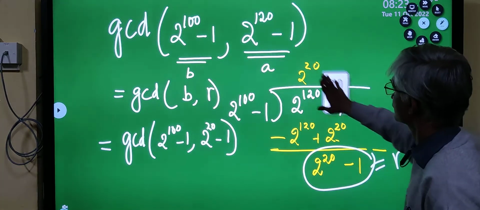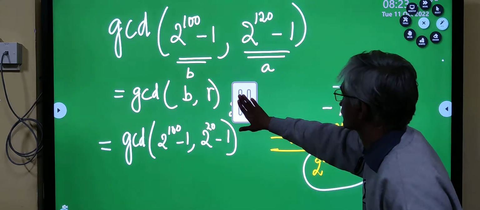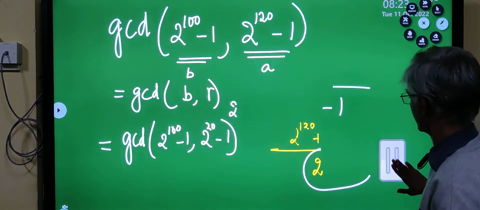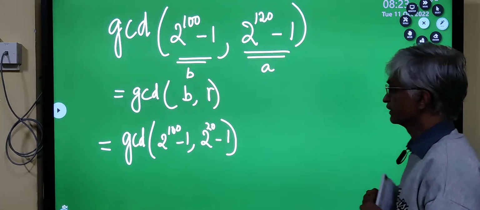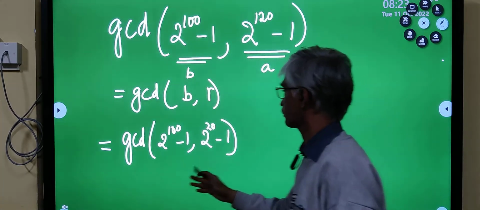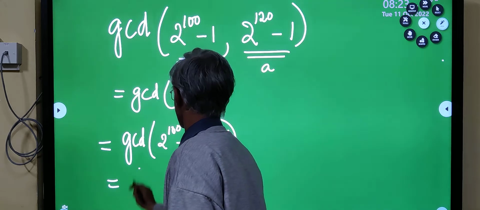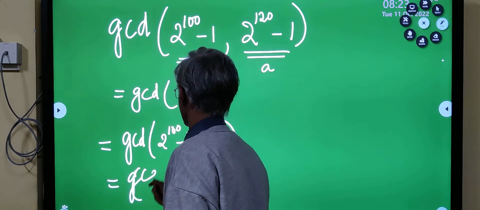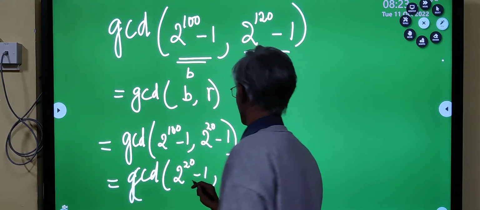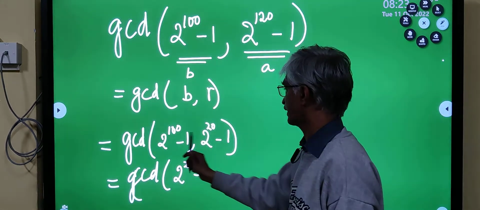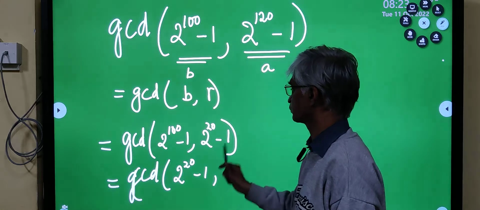For that, I have to identify what is the smaller number. The smaller number in this case is 2 raised to 20 minus 1. So this is equal to GCD of 2 raised to 20 minus 1, and now I have to divide 2 raised to 100 minus 1 by 2 raised to 20 minus 1.